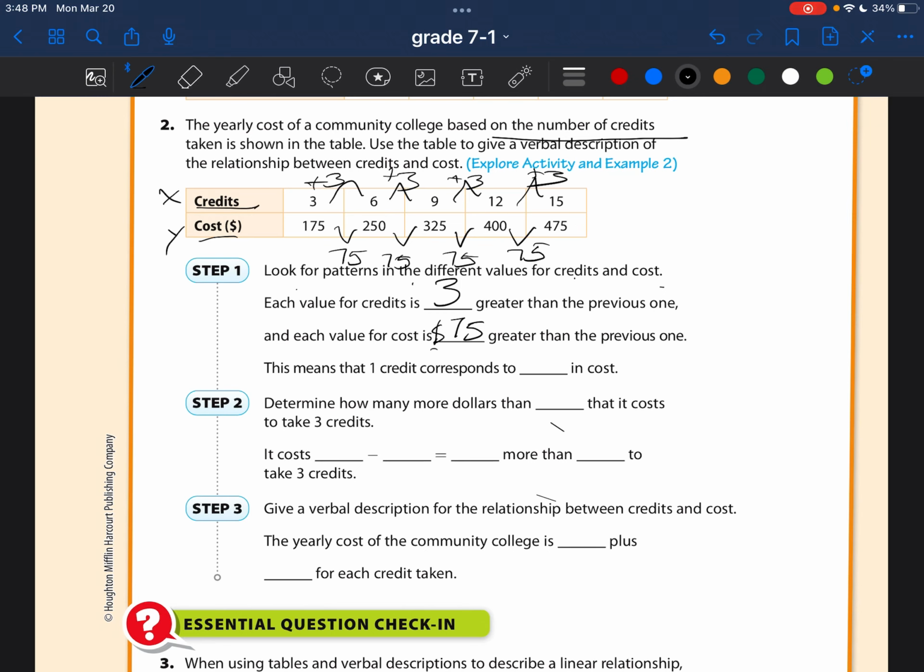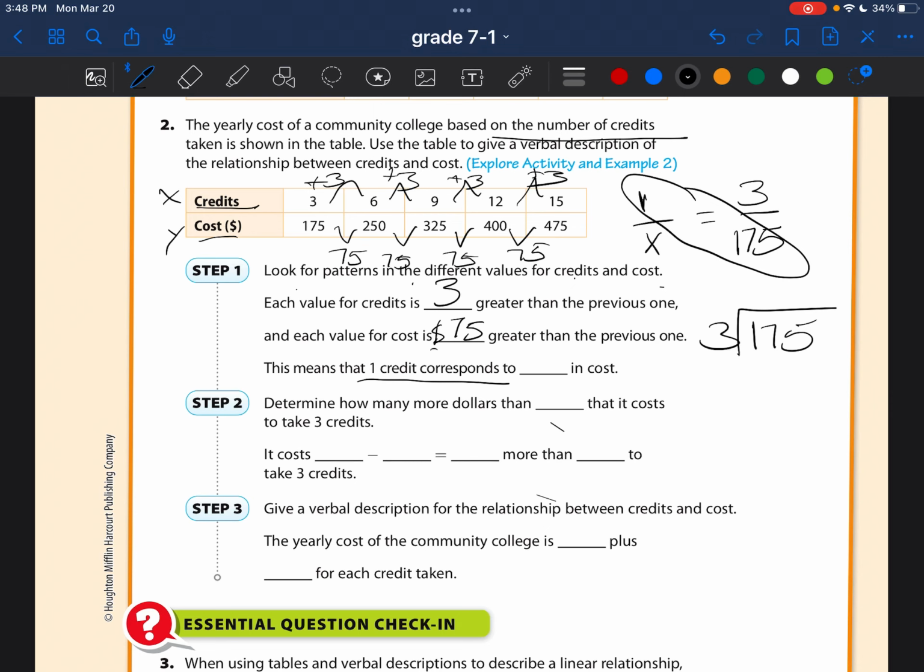All right. So now it wants to know, how much would 1 credit be? You can solve that with one of your proportions here. We want to know what 1 credit is. We don't know the cost. We know 3 credits equals 175. You can cross multiply and do 175 divided by 3. 3 can't go into 1, but 3 can go into 17 5 times.